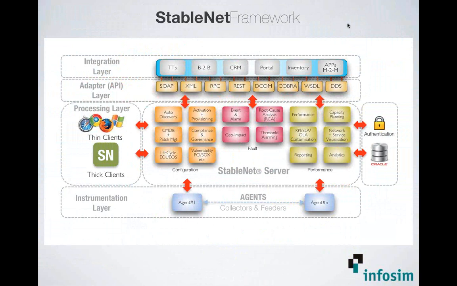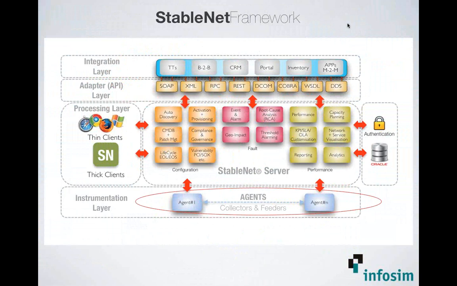At the instrumentation layer, we have agents that provide the mechanics for collecting SNMP trap information, flow collection, logging information, and feeding action scripts for activation and provisioning purposes. Agents can be deployed locally or remotely, and typically they are deployed in a hybrid way whereby secure areas of infrastructure can be managed in a way that mitigates any risk.